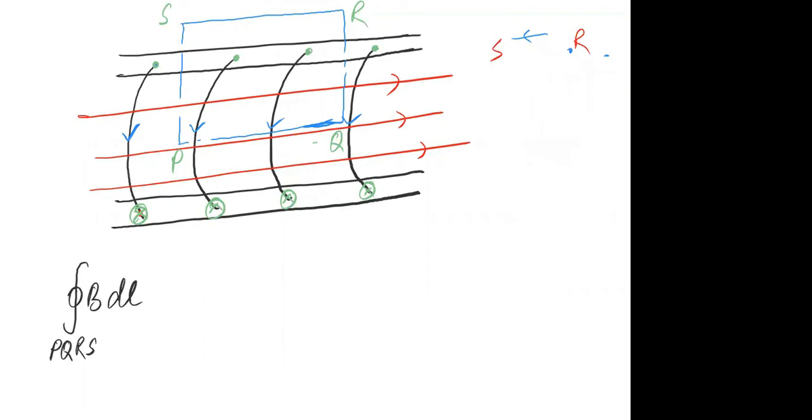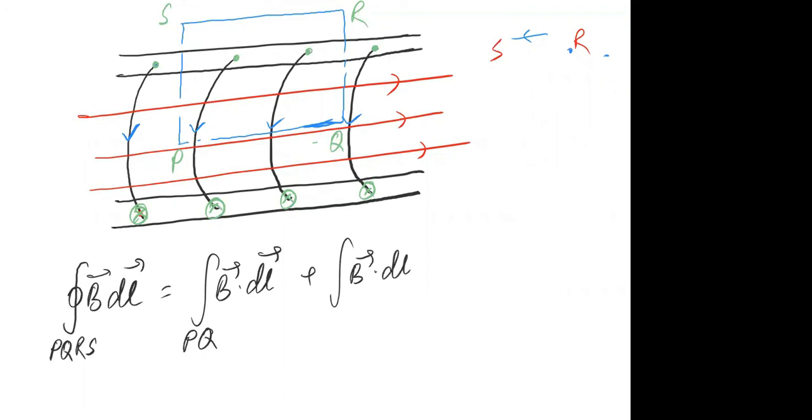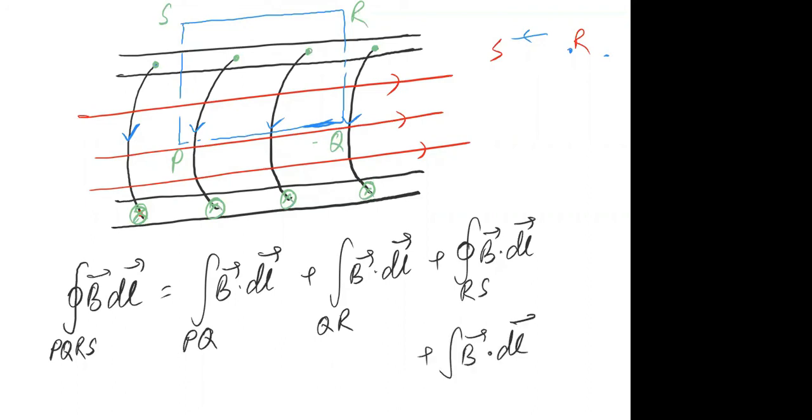That is why what we will be writing here, try to understand. We will write B dot dl over the whole closed loop as B dot dl over PQ plus B dot dl over QR plus B dot dl over RS plus B dot dl over SP, right?